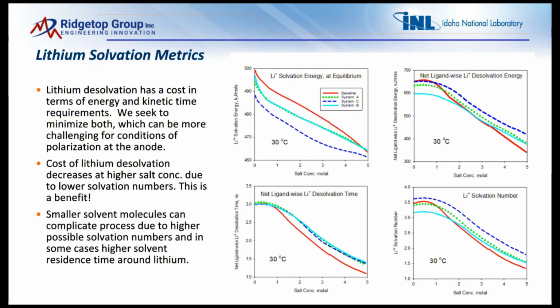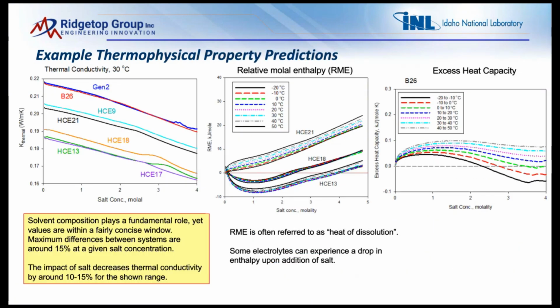Okay, next slide. This is just a quick snapshot of some thermophysical properties predicted by the model. On the left, we have thermal conductivity profiles for a number of different electrolytes envisioned as highly concentrated electrolytes for fast charge. In the middle, we have relative molal enthalpy, which is also called heat of dissolution.